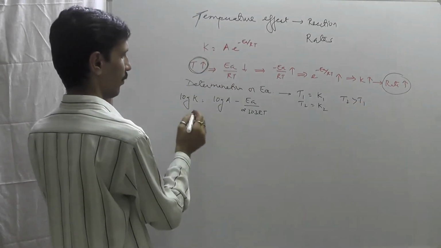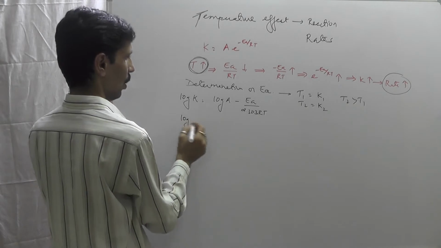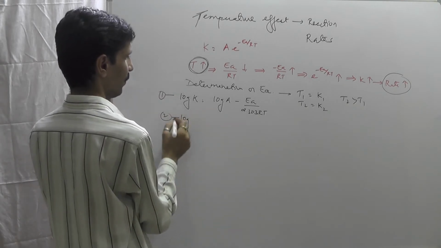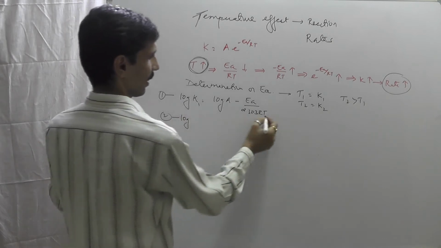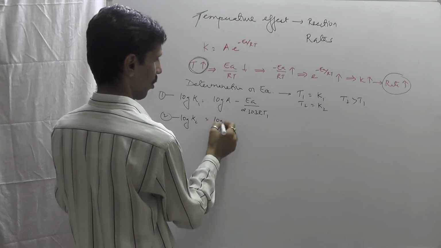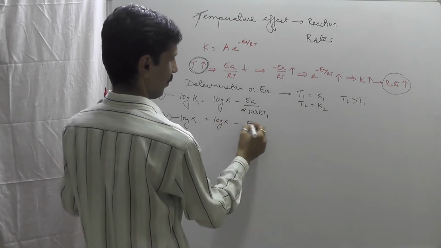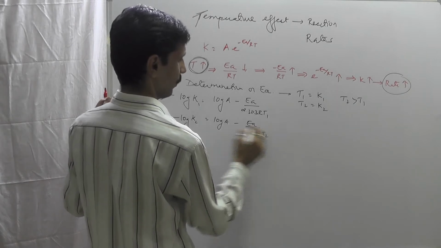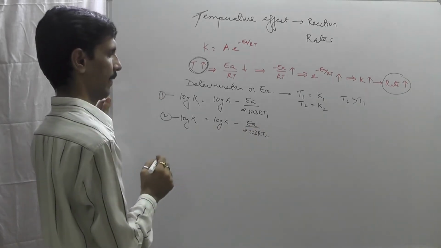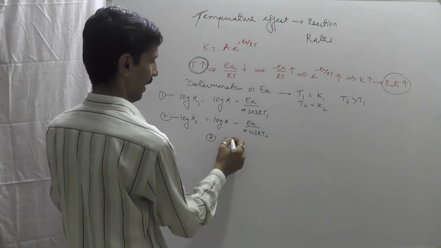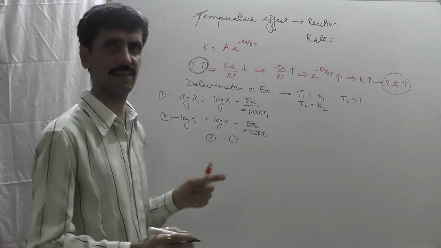So as a result of which what we get is log of, मैं यहाँ पे दो एक्सप्रेशन दे देता हूँ, 1 as well as 2. अगर ये log K1 रखा तो ये आएगा T1, और यहाँ पर मैंने रखा log K2, so that is equal to log of A minus Ea upon 2.303 R T2. ठीक है, this is what we get. So now what we do is we carry out a simple algebraic form, and that is subtraction.